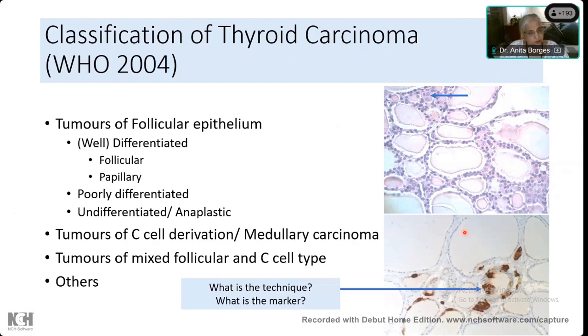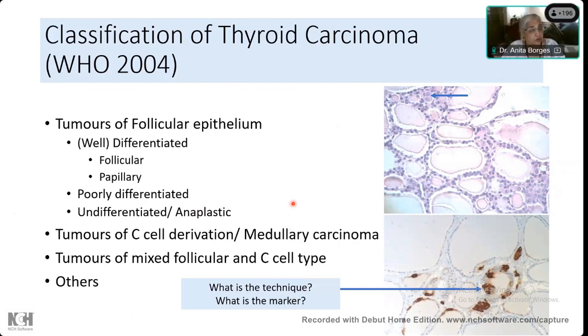Somebody wants to help her? Calcitonin. IHC. Well, it can be calcitonin. What else could it be? What is the technique? Immunohistochemistry. Yes. And what is the marker? What markers could it be? Calcitonin or synaptophysin.